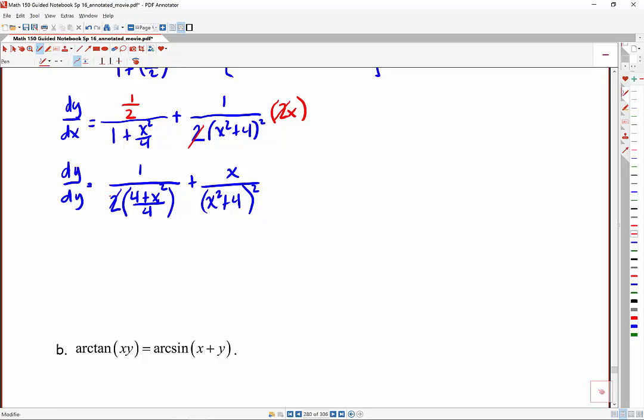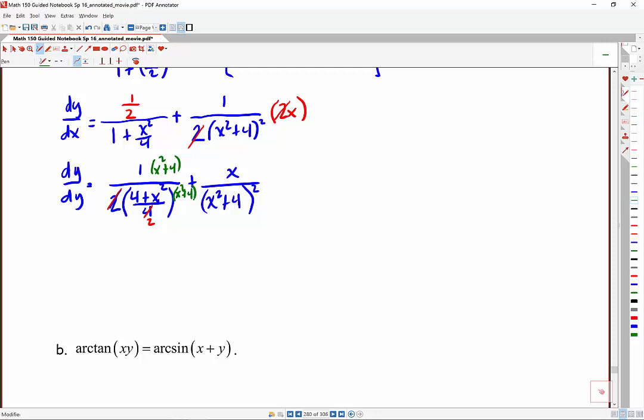some of this 4, and that 2 is going to jump up, and we need to get a common denominator. So we're going to need to multiply this guy by x squared plus 4 over x squared plus 4, and the other one's going to be fine.